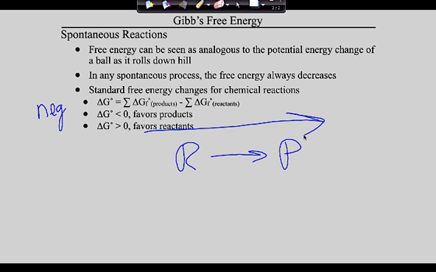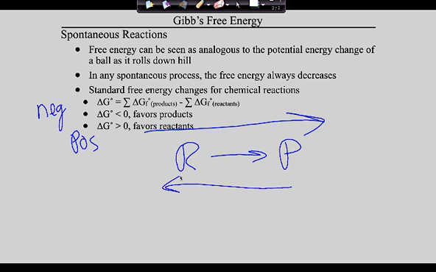We could say they favor products. Now, what if it's positive? Remember what it said at the bottom of the other slide. If delta G is positive, what does that mean? The forward reaction is not spontaneous, but the reverse is, simply meaning that this reaction favors reactants rather than products. So guys, it's just another way of thinking about what was on the previous page.